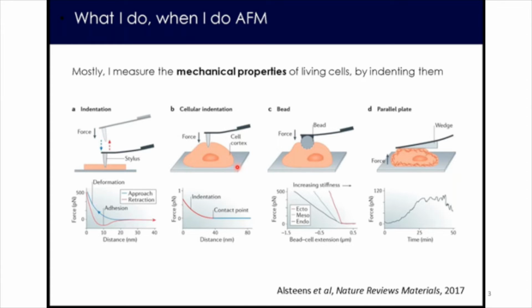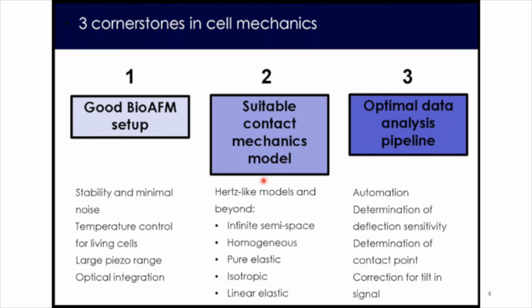of force. So this slide illustrates the three cornerstones in cell mechanics. So firstly is a good bio-AFM setup, which means that the equipment needs to be set up correctly. There needs to be stability and minimal noise.